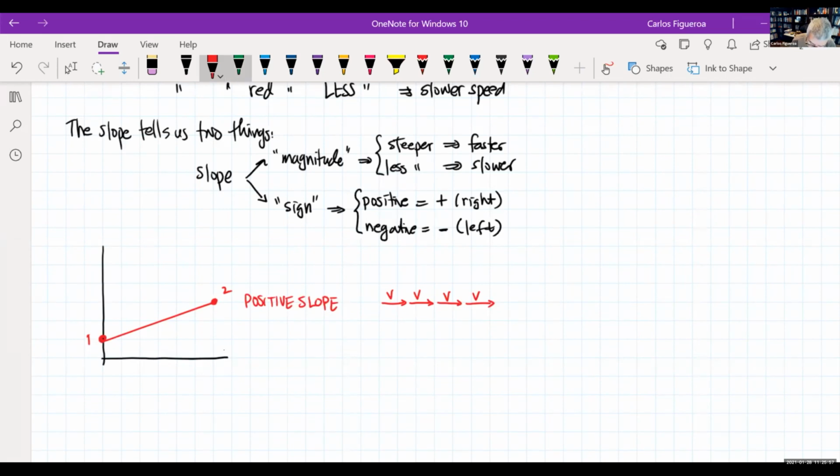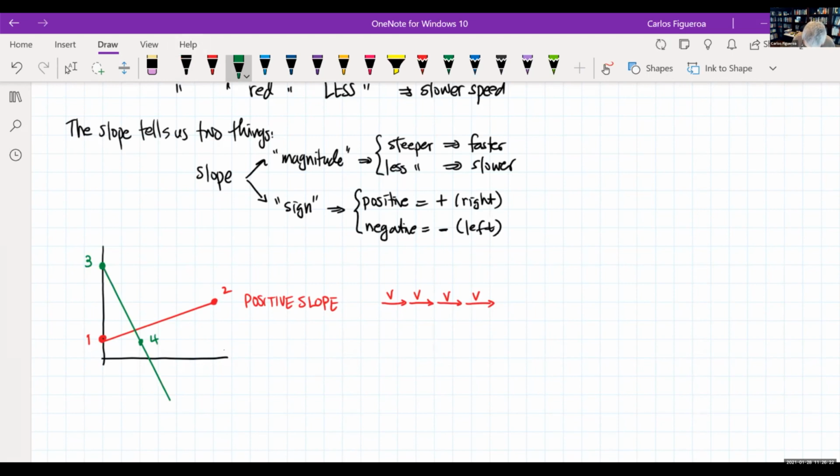Now, I could have another situation where the slope is steeper. Maybe this is 0.3 and this is 0.4. When I look at this slope, it could go like this, and it could actually go right through the coordinate axis, right?